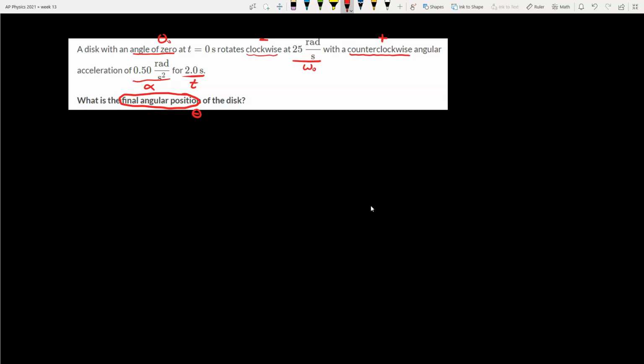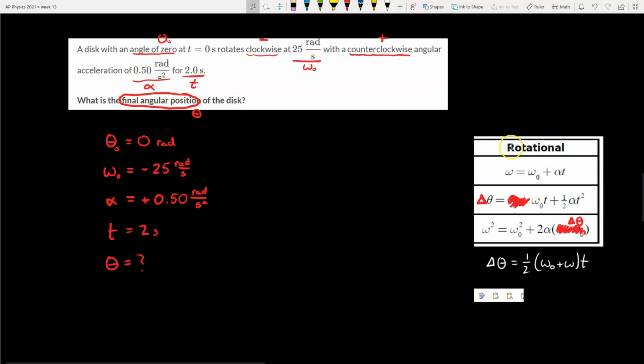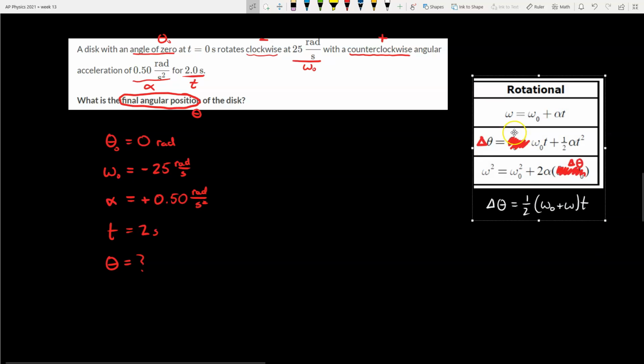So let's make our list of what we know. And again, we can look at the equations that we have to work with and figure out, from all of the values that we have, what equation we can work with. So it looks like we do not have final angular velocity.